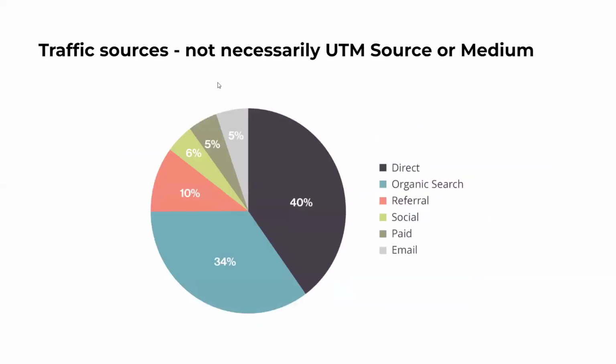So traffic sources are not necessarily UTM source or medium. In web analytics, traffic sources are dimensions that are visualized in a report that provides an overview of the sources of traffic to a website. The types of sources commonly used in web analytics are direct traffic, so all those people who find the website by typing the URL or through a bookmark.